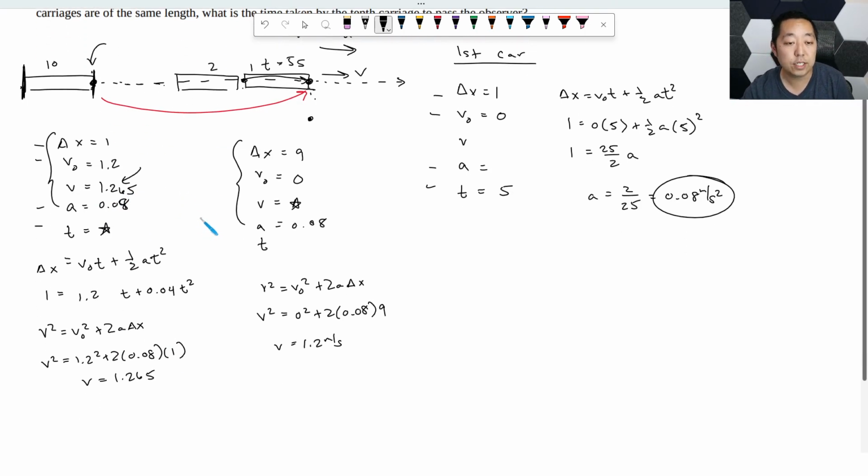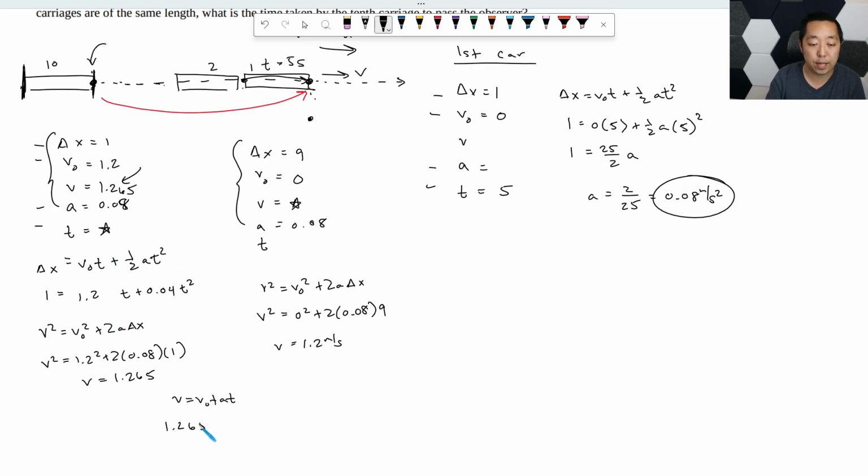Now, how is that useful? Because then I can use v equals v0 plus at to solve for the time, instead of using the quadratic. You will get the same answer. If you want to use it as a math exercise, you can confirm to yourself you'll get the same answer. But this one is just easier to solve for t. You're going to take that, subtract 1.2, divided by 0.08, and I get 0.81 seconds.